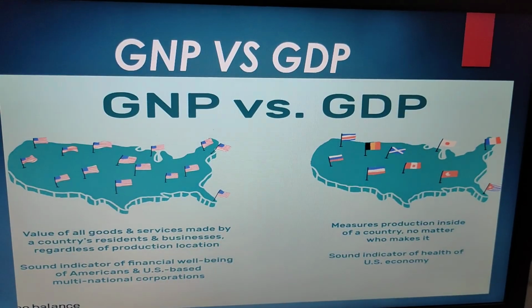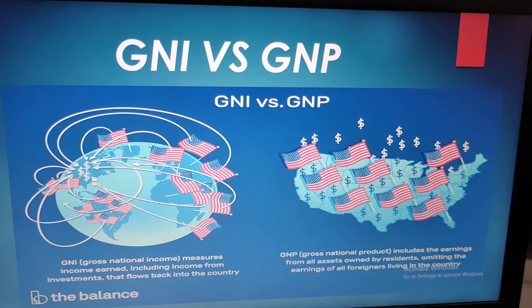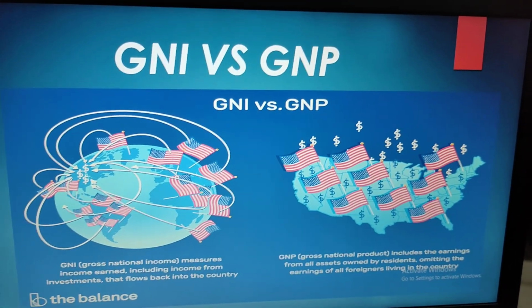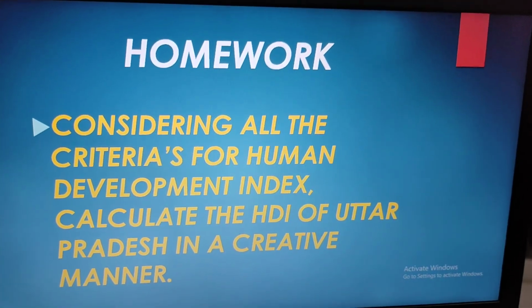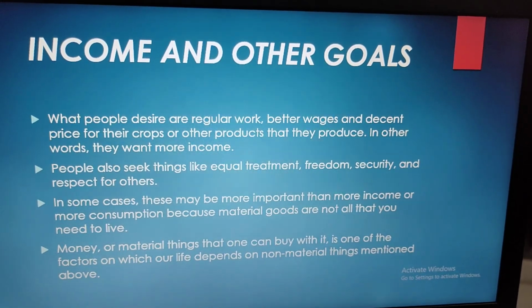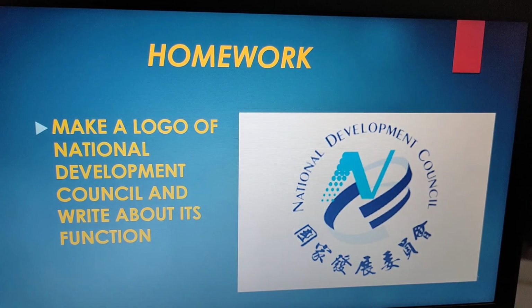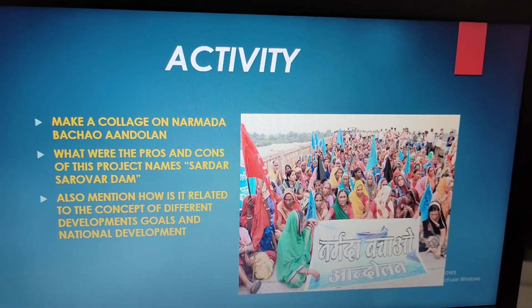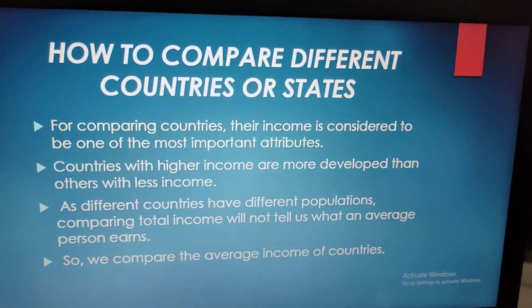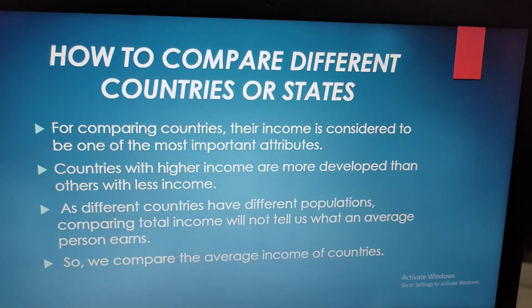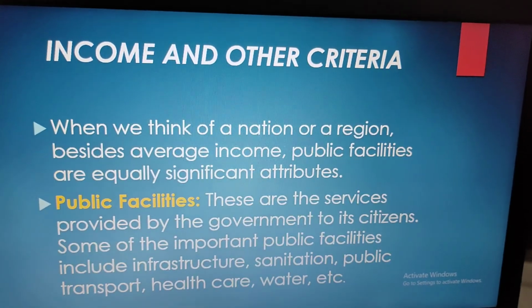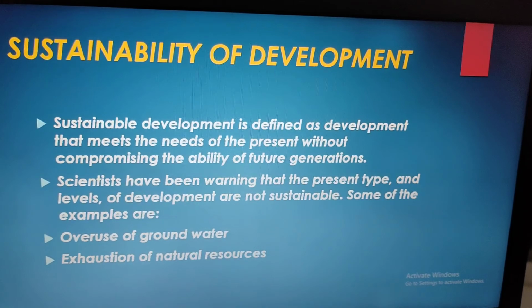Measuring development, GNP versus GDP, GNI versus GNP. Homework: income and other goals, national development. Again, one homework activity. And then we have studied today how to compare different countries or states, income and other criteria, and sustainability of development.